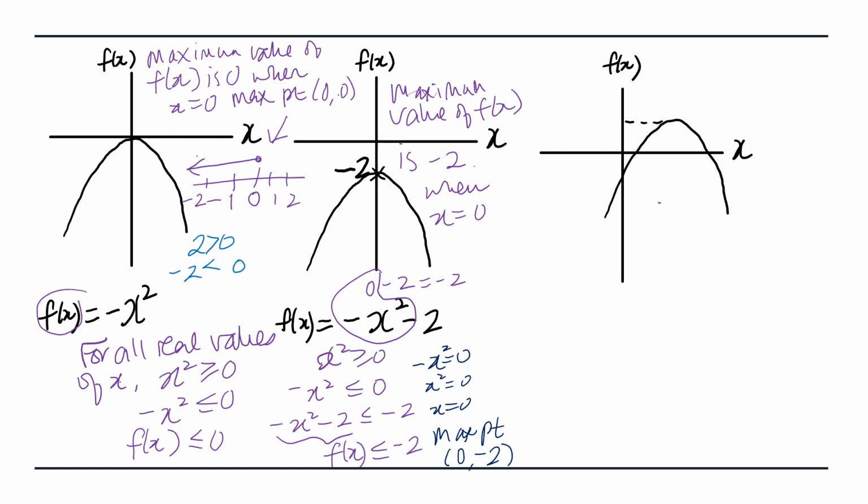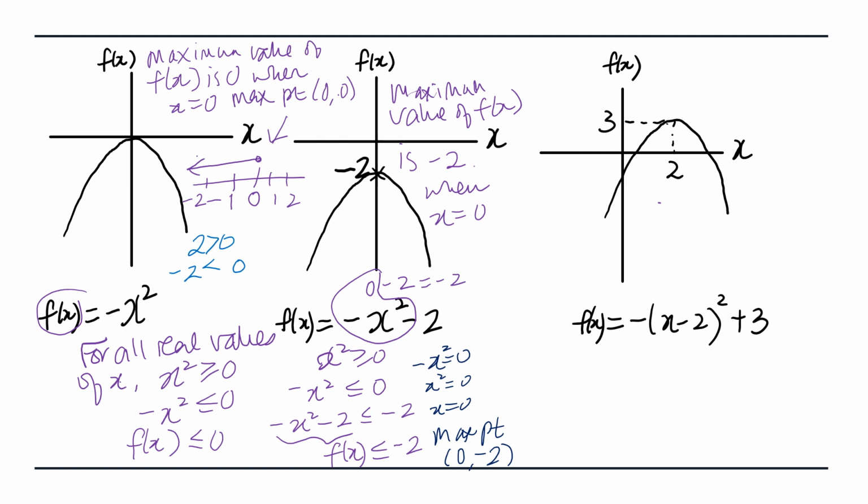Let's look at the function. The function given is f(x) equals negative (x minus 2) squared plus 3. Alright, so we're going to use the same concept as what we have done for the first two curves.